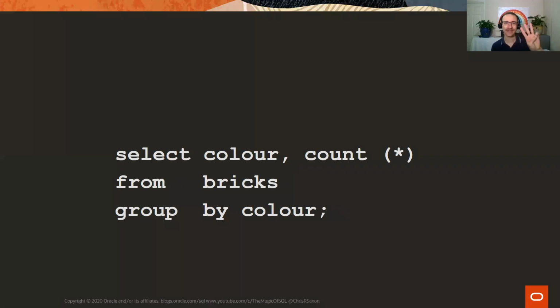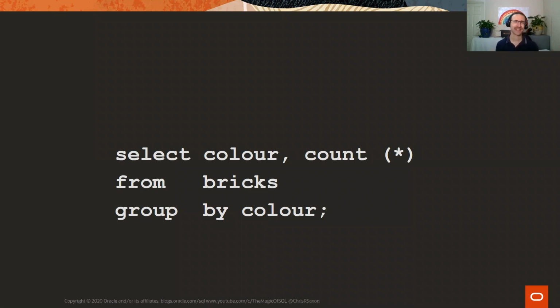Now there's only 3 colors in the table. That means at maximum, we're going to get 3 rows in the results. But as the input, we're going to get the entire table. This could be hundreds of thousands, millions, billions, who knows. It could be a really massive table. So we're doing a lot of work to get a few rows in the output.